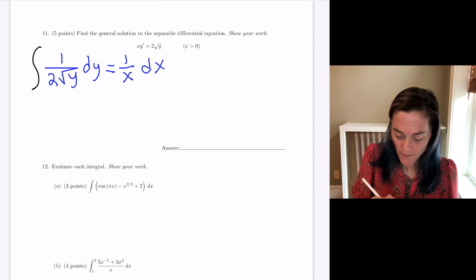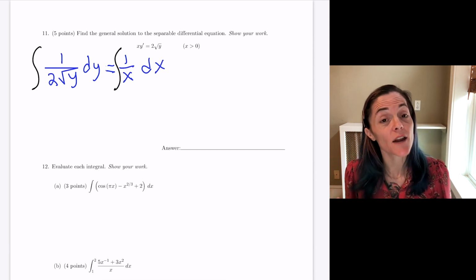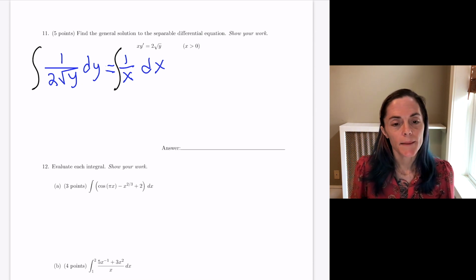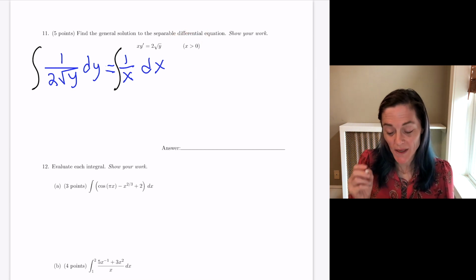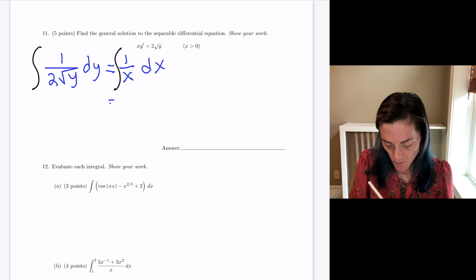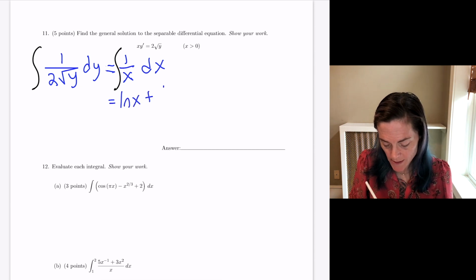We integrate, we integrate. Now here we have a general solution. Okay, well, we're told that x is positive, which means I don't need absolute values when I integrate 1 over x. So here I have ln x plus c.